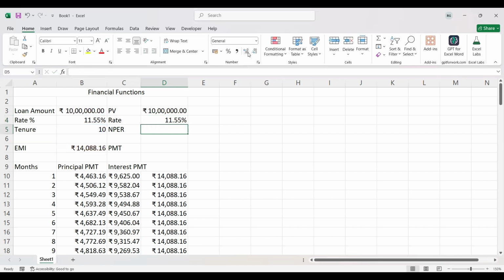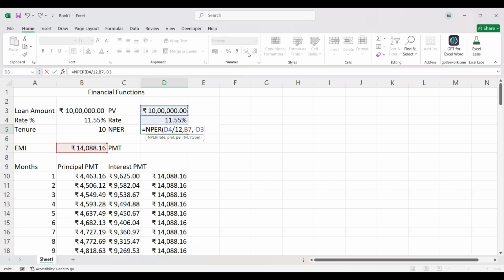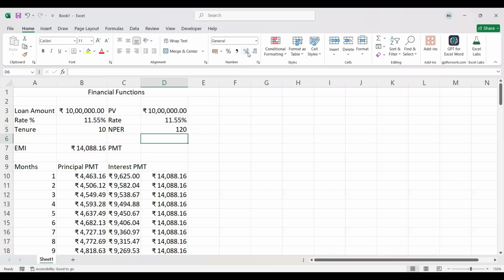In the same way, if you have to check the tenure, you have the function is equal to NPER, that's my rate, divided by 12, PMT, here we have, and minus PV. So 120 months, yes, because 10 years, that is 120 months.